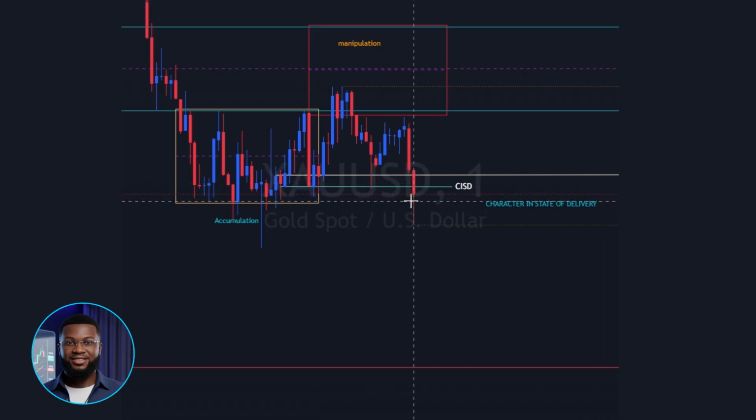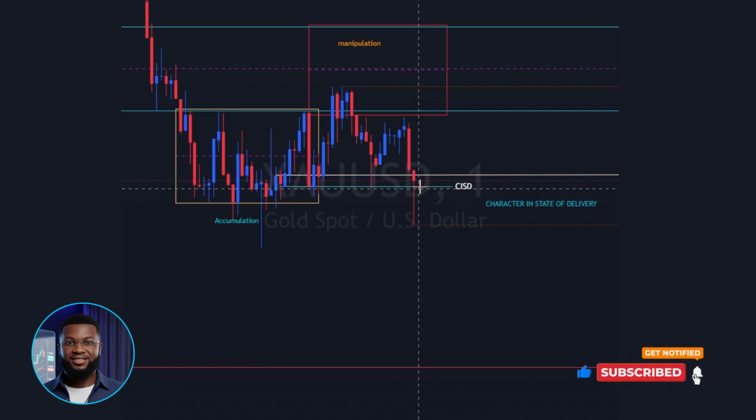Alright guys, so you can see the momentum, right? See how price just broke through. Now let's wait for a candle close and a retest. From this candle alone, you can see that the sellers are just waiting to move price to the sell side.